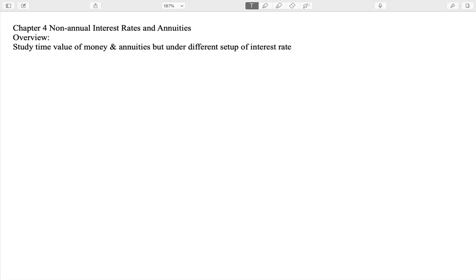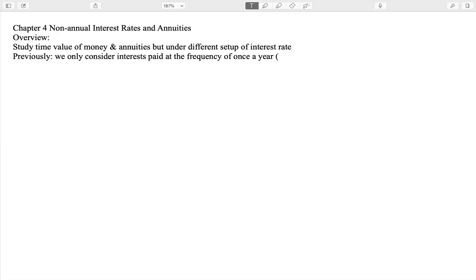Okay, how different is it? Previously, in the previous study, we only considered interest paid at the frequency of once a year.